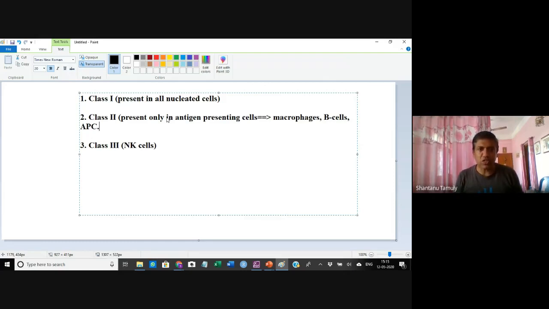So class 2 is present only in the antigen presenting cells, but class 1 is present in all the cells. Class 3 is present only in the natural killer cells. I'm not going to discuss class 3, but class 1 and class 2 we will discuss.